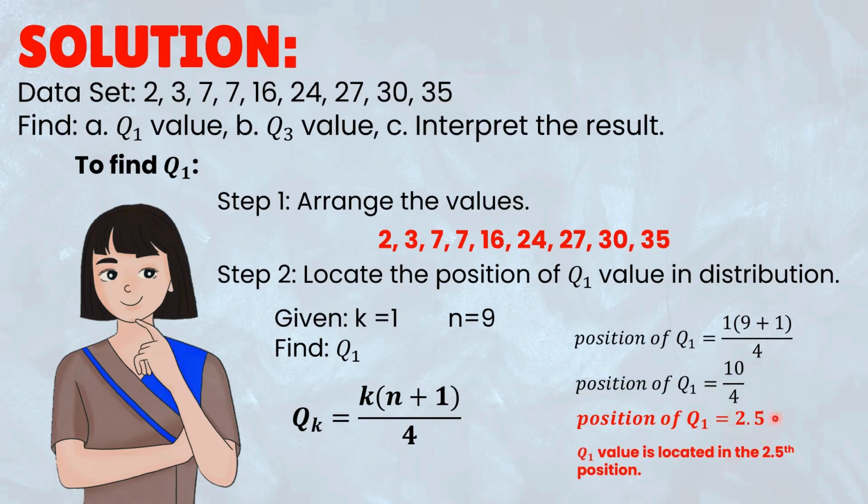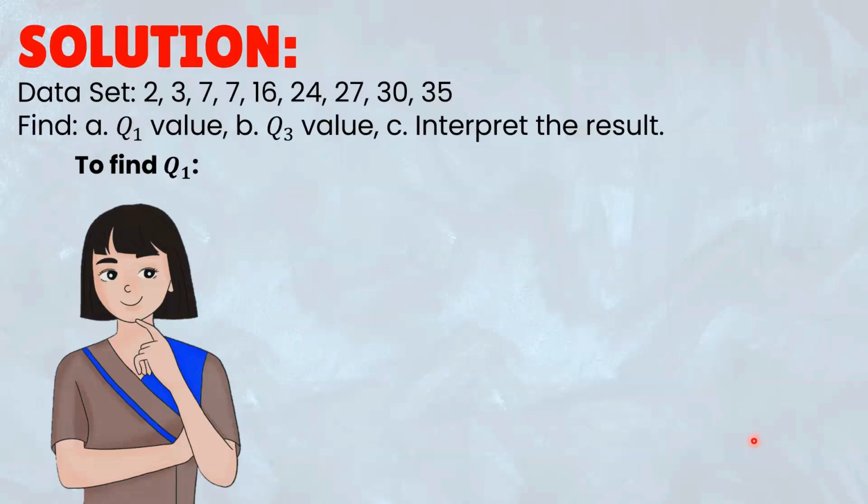As you can see here, our answer in step 2 is a decimal number. And I've made mention that if our answer in step 2 is a decimal number, we have to proceed to step 3, which is interpolation. Okay? So for the interpolation process, this is how we do it.